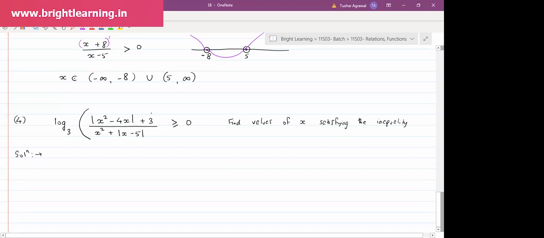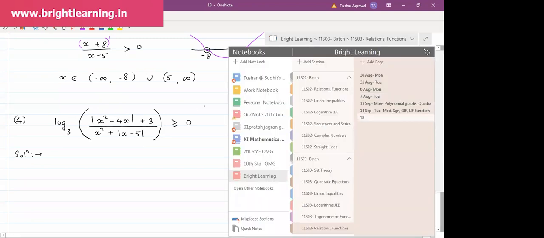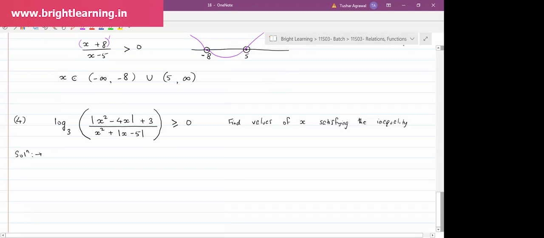I have not written the bracket because I wrote systematically, so it was self-explanatory. That's why I did not use the bracket. Should I show you the page of logarithmic inequalities, or if you have it with you? You have 4 minutes time.